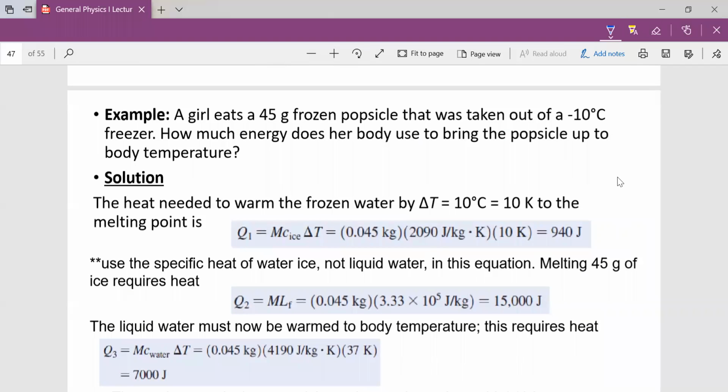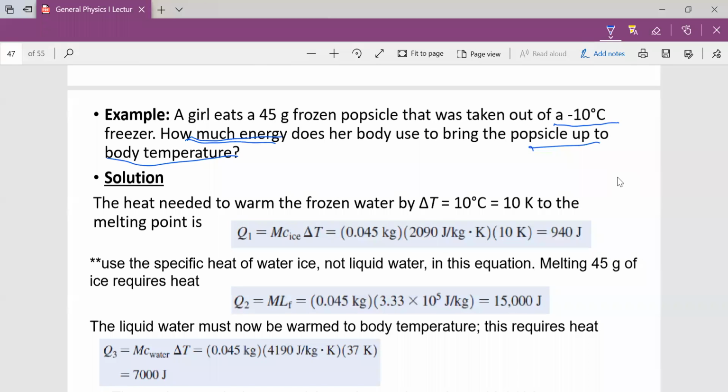A girl eats a 45-gram frozen popsicle, like the ice cream on a stick, that was taken out of a minus 10 degrees Celsius freezer. How much energy, whenever we talk about this we're referring to heat energy, okay, does her body use to bring the popsicle up to the body temperature?